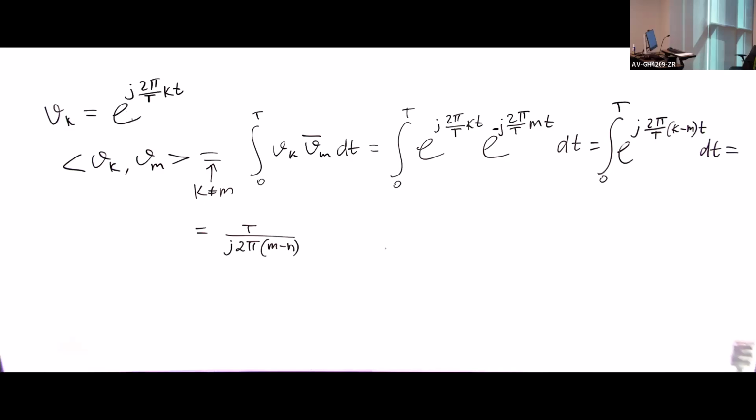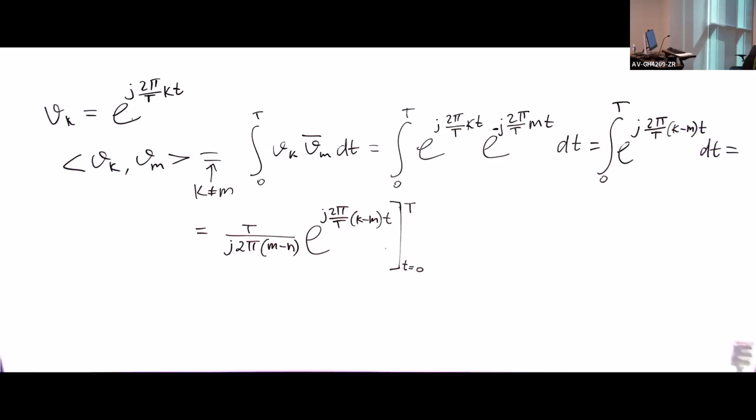That is the coefficient, 1 divided by the power of the exponent, and the same exponent, which is j 2 pi divided by T (k minus m) t, when t runs from 0 to T. That's it. Regular integral.